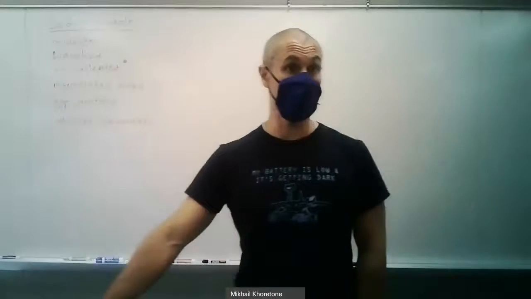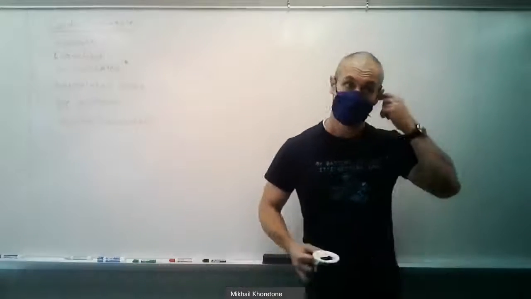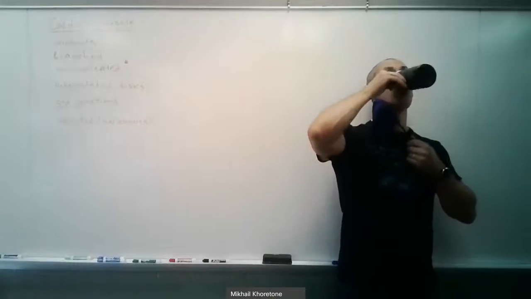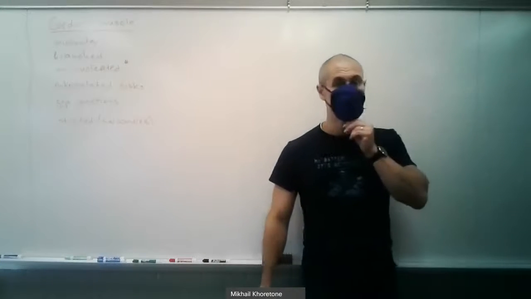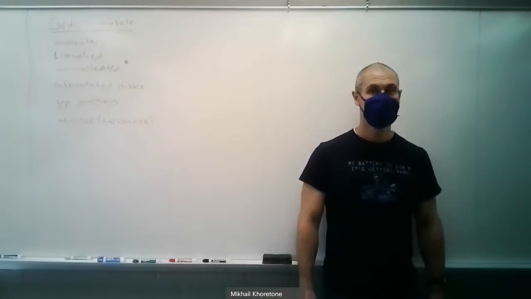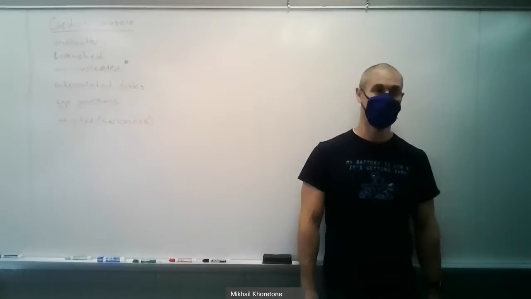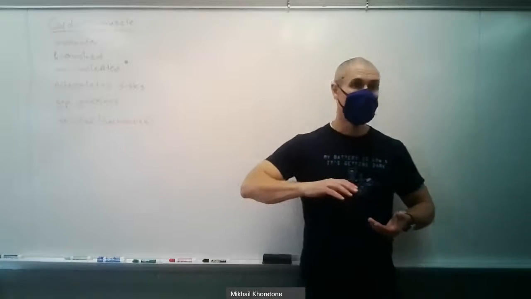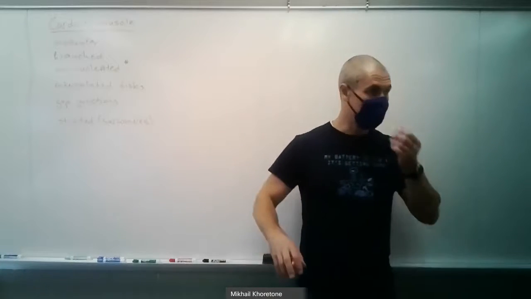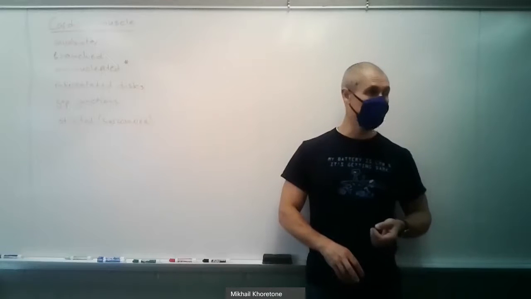Now, I want to ask an embarrassing question, which may not be embarrassing after all. Do you remember what sarcomeres are? No. Okay, fair enough. So, a kind of crash course in the mechanism of muscle contraction. All muscles contract by the sliding filaments mechanism.